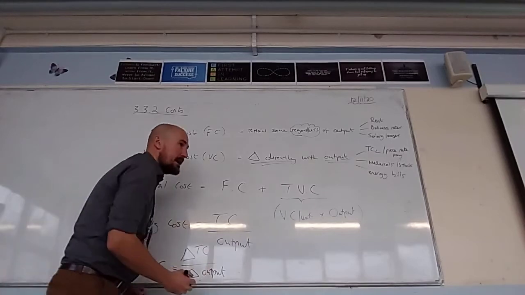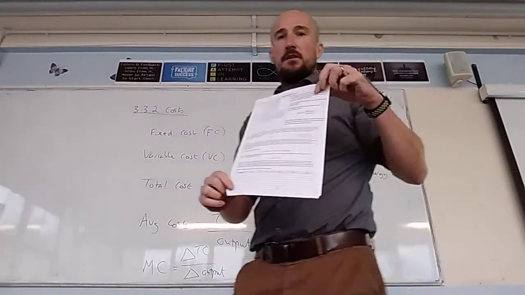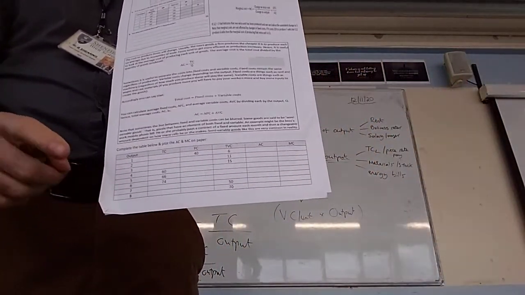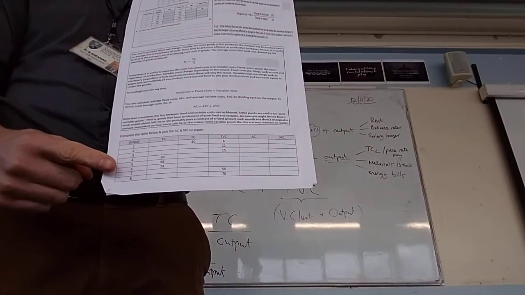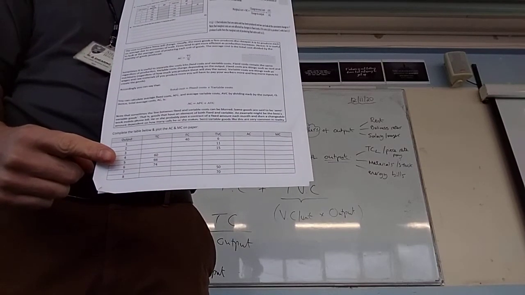Excellent. Okay, what I'm going to ask you to do next is have a little look at that worksheet. We're going to start to try and identify the relationships between these. What I would like you to do is take the bottom table, put those figures together and put it onto graph paper.